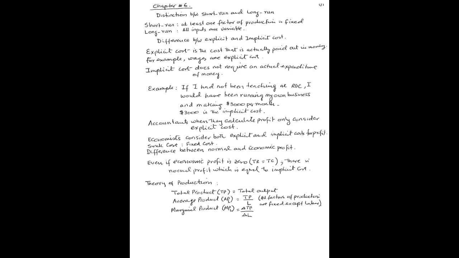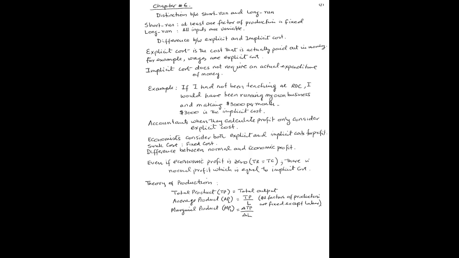So the first topic that we should understand is the difference between a short run and a long run. By short run, don't get confused with this term. Short run is not associated with a period of time that is very short. 10 years could be a short run, and 5 months could also be a short run.